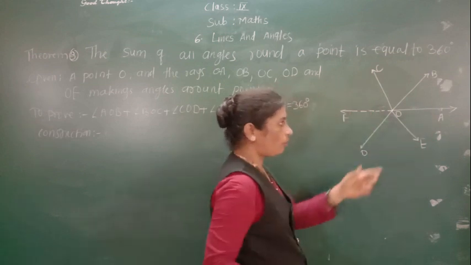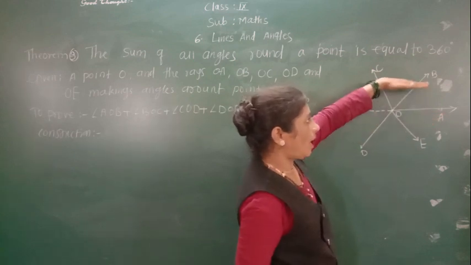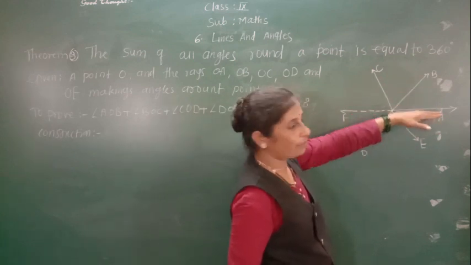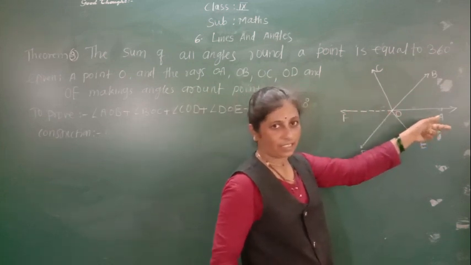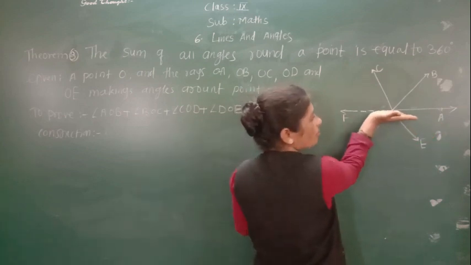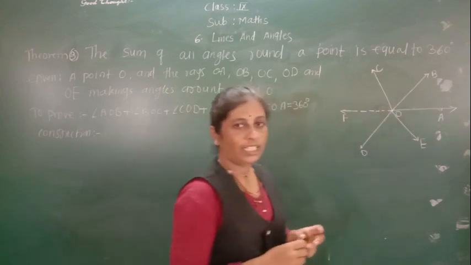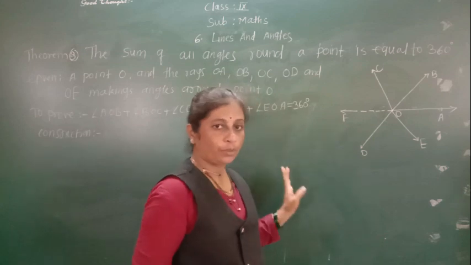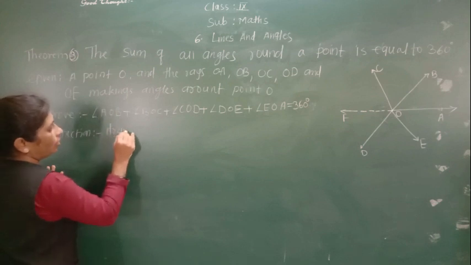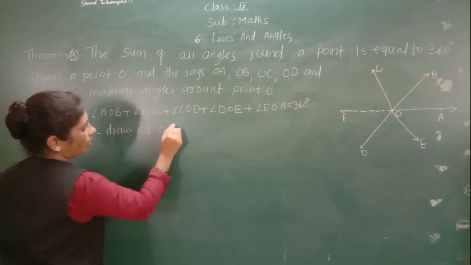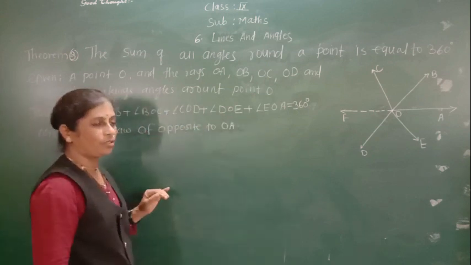When OF is exactly opposite to OA, FOA will be a straight line, and the angles on a straight line form a linear pair, whose measurement is 180 degrees. With this help we will prove the theorem. Construction: draw OF opposite to OA.